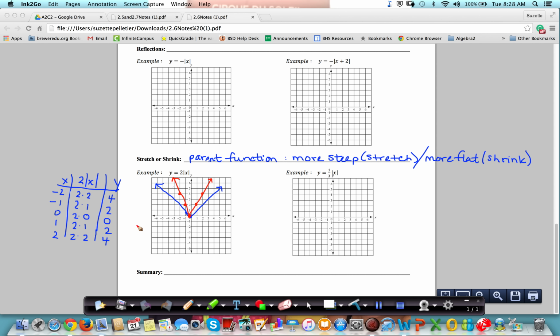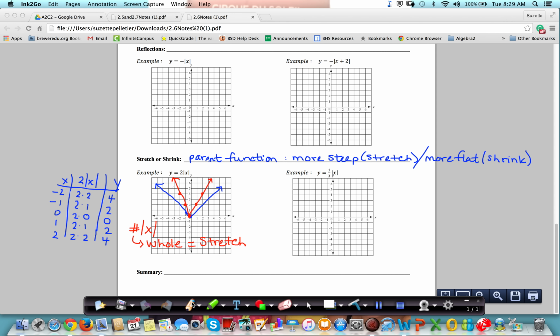So a number on the outside of my absolute value function, if it's a whole number, it's a stretch. Okay? Now, some students find this a little bit confusing. If you just use a chart like this each time, you'll be certain to know the difference.